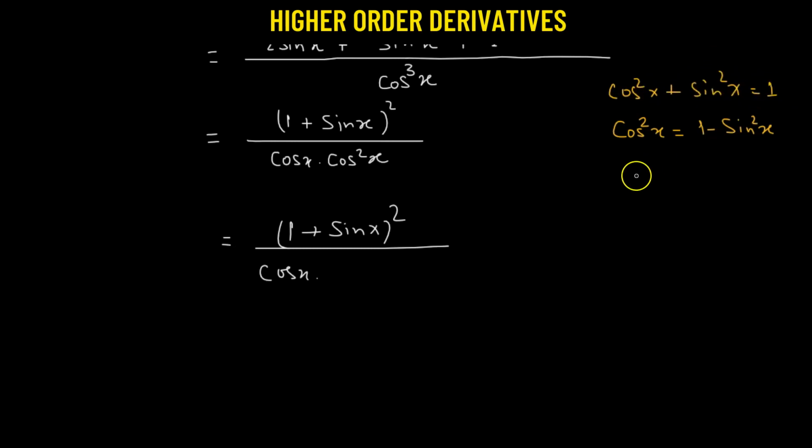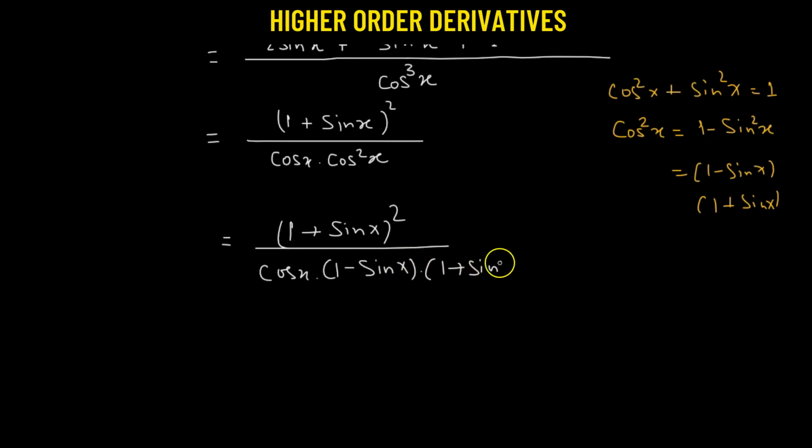It's an identity. So that means 1 minus sine squared x can also be expressed as the product of 1 minus sine x and 1 plus sine x. So let's use this. We'll have cosine of x multiplied by 1 minus sine x times 1 plus sine x. Right. So that means we can cancel out 1 plus sine x from both the numerator and the denominator.